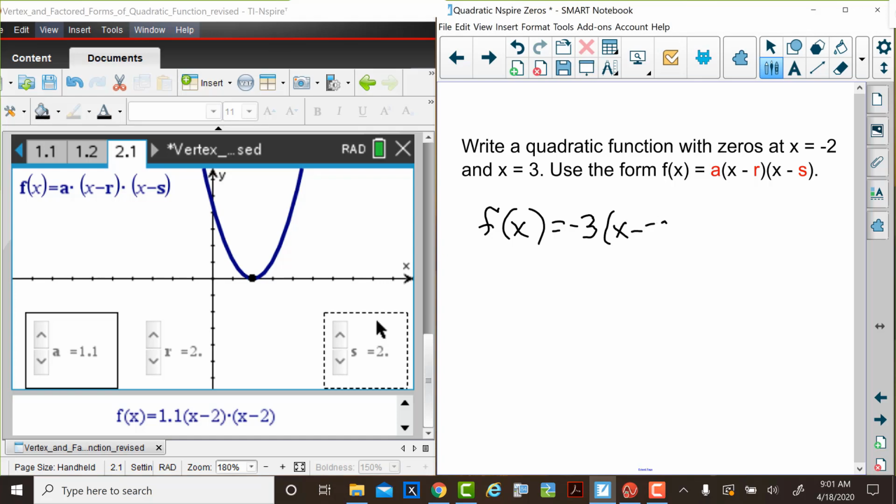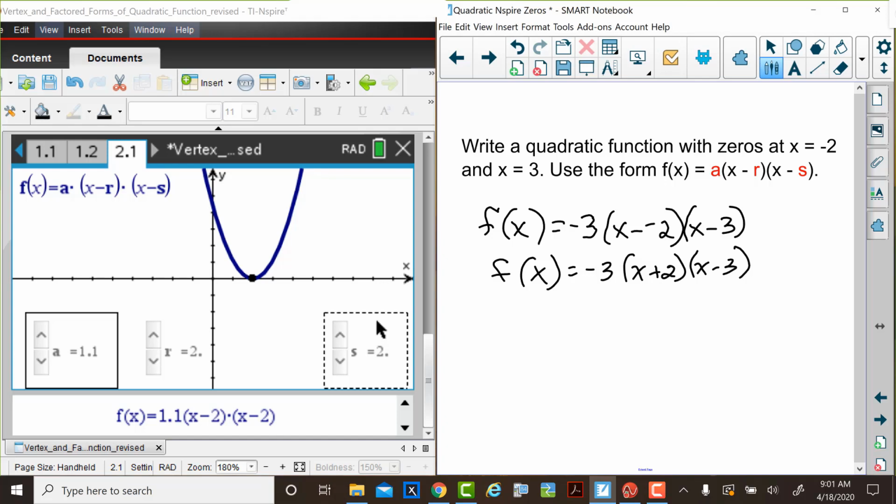And of course, we can write that as x plus 2 as well, multiplied by x minus 3. So we can think of that first factor as x plus 2. And remember, of course, our zeros are at -2 and 3. So think about whether this satisfies the condition given.